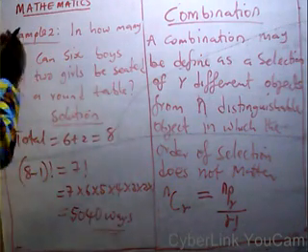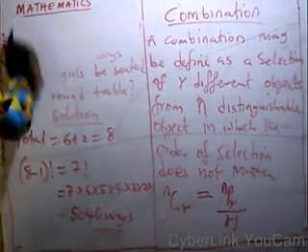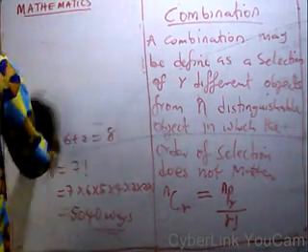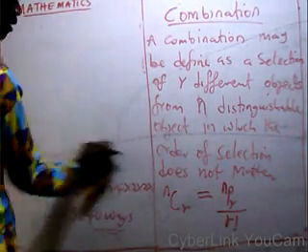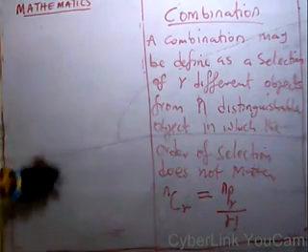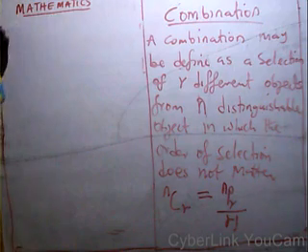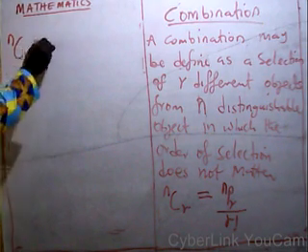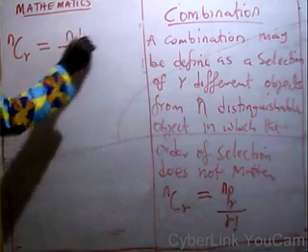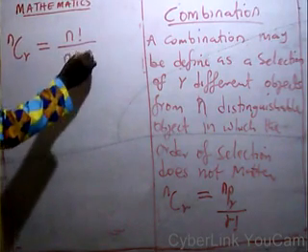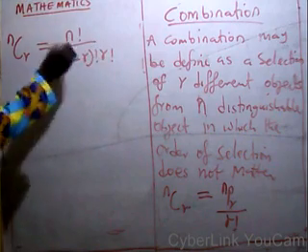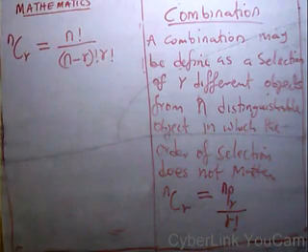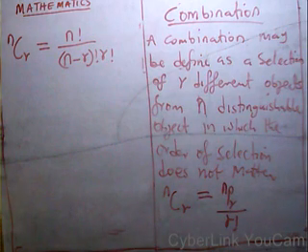Or you can still say that N combination R is equal to N factorial all over N minus R factorial, R factorial. So any one of these two formulas can be used.